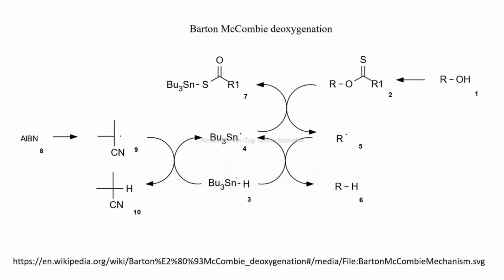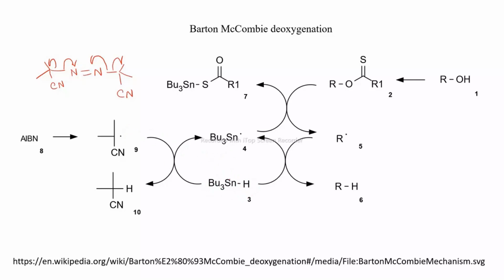So for that we have to first know what is the Barton-McCombie deoxygenation. In the Barton-McCombie deoxygenation, AIBN is used. The structure of AIBN is like this, where this radical cleavage is happening there. After that, this nitrogen gas will leave and we will get this. After that, there will be tributyltin hydride, from where they will take one hydrogen atom.